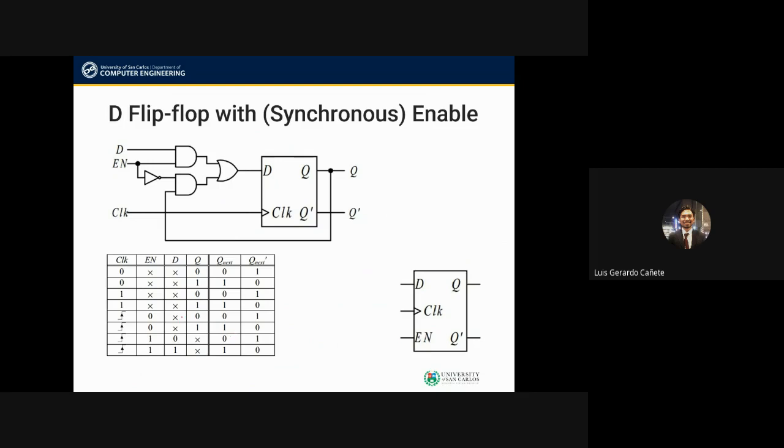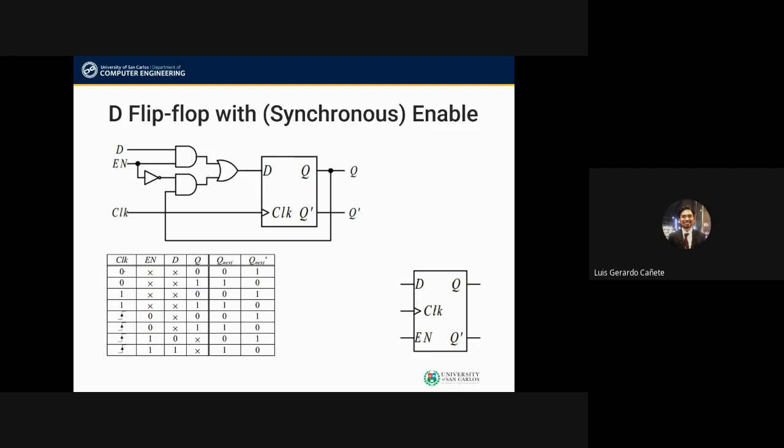Yeah, so when the enable is set, it will allow the D latch to sample the value of D. Okay, so you can look at this circuit if you like, but we're sort of running out of time.